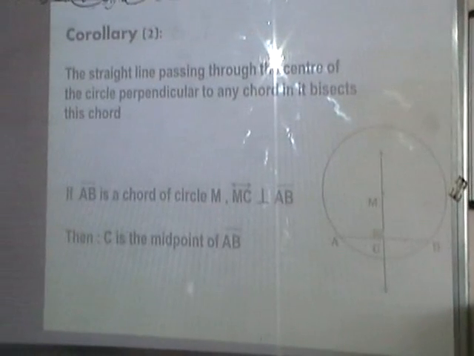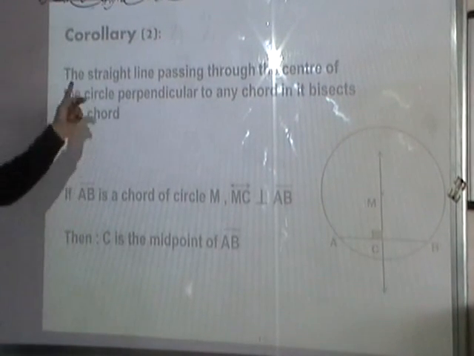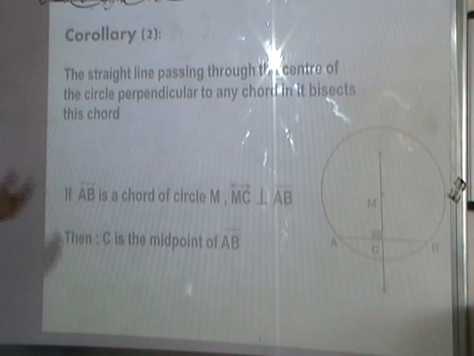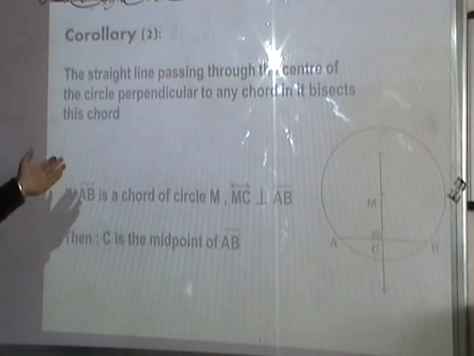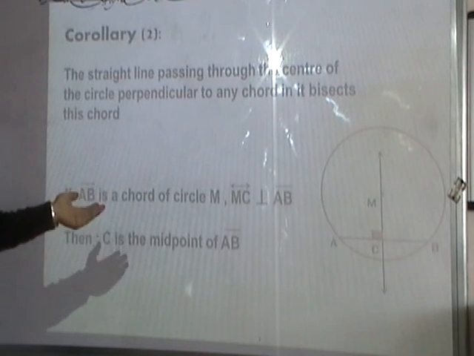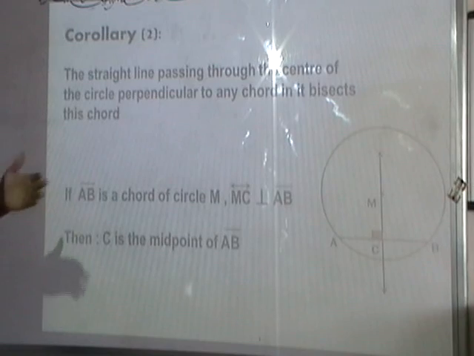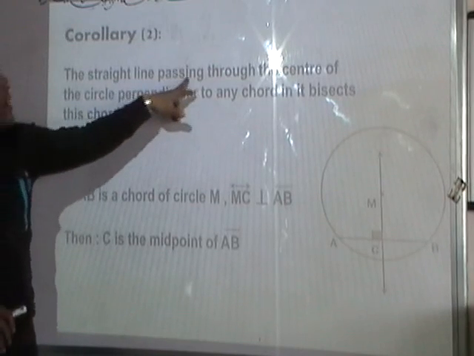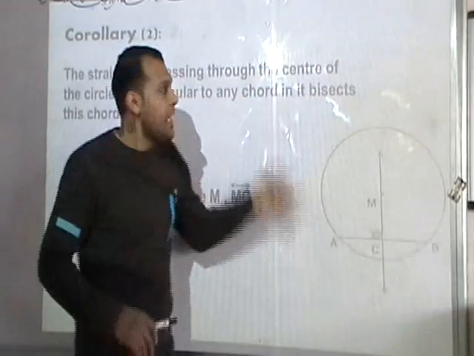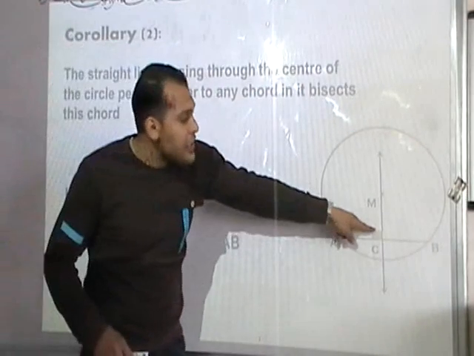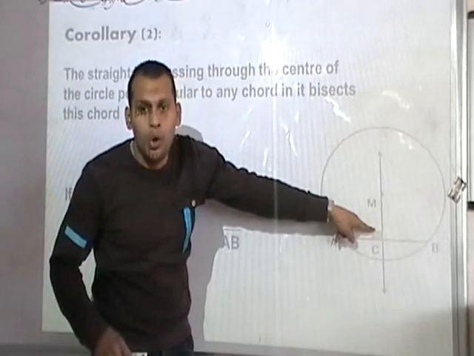After that, corollary number 2. The straight line passing through the center of the circle perpendicular to any chord in it bisects this chord. So what is the given here and what is the deduced? I have a straight line passing through the center, so it passes through M, and perpendicular to any chord in it.